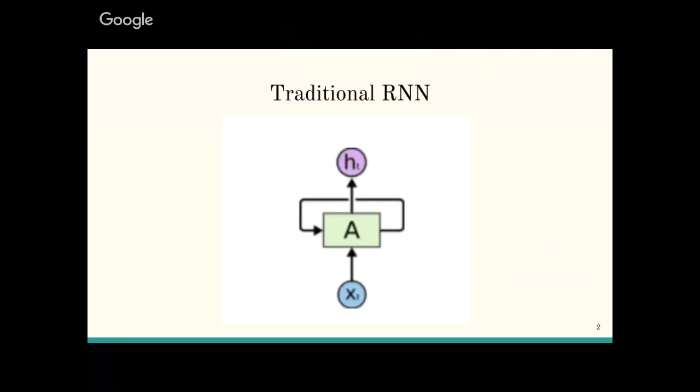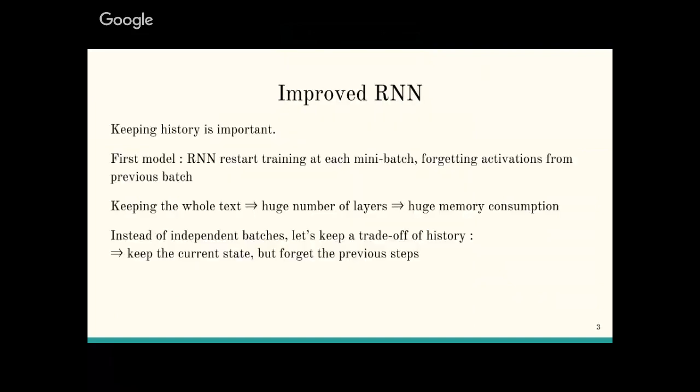So we already learned about the RNN. The goal is to keep some information from the previous state in each cell to have a history. But it has some limitations. If you don't want an extensive number of layers, we have to restrict it.